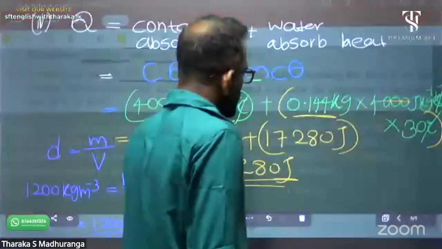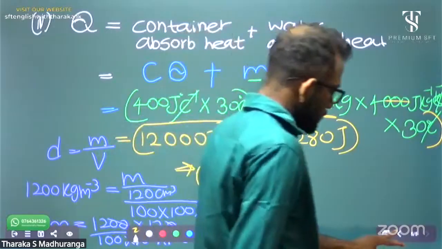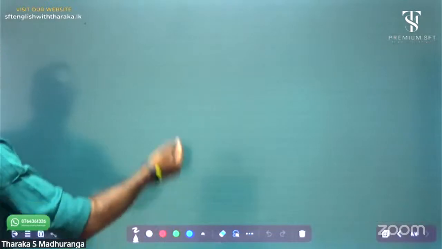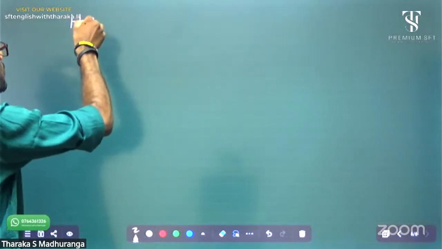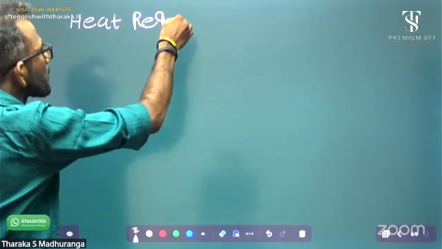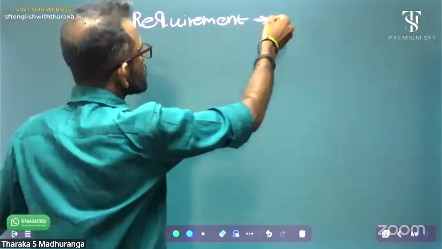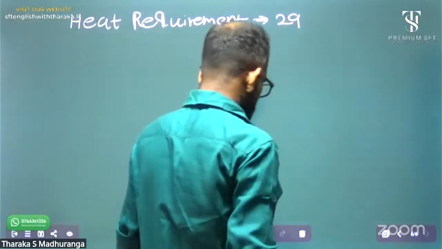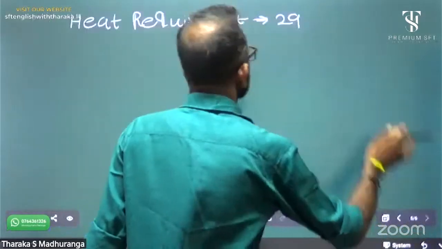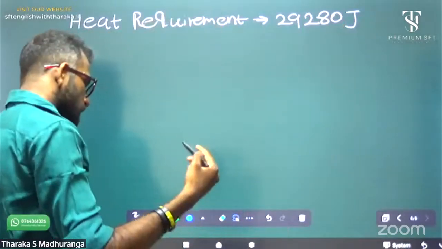Now, how much heat is required? 29,280 joules required. Clearly note down, the heat requirement is 29,280 joules.